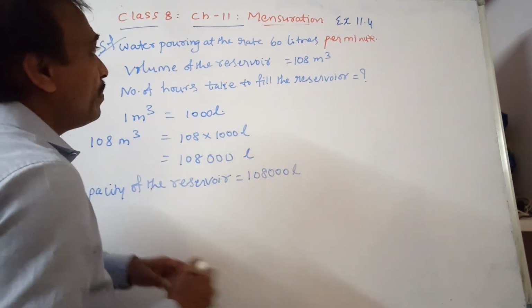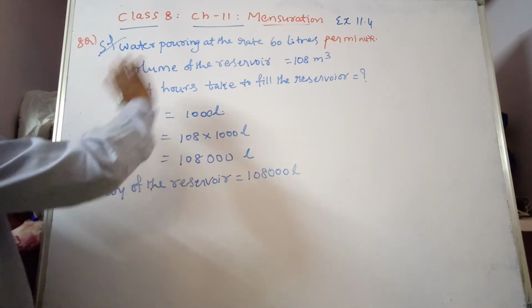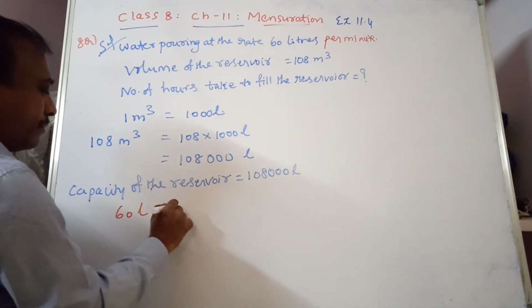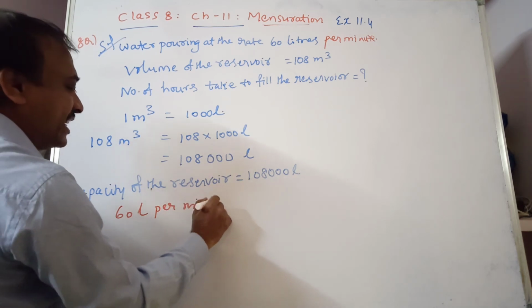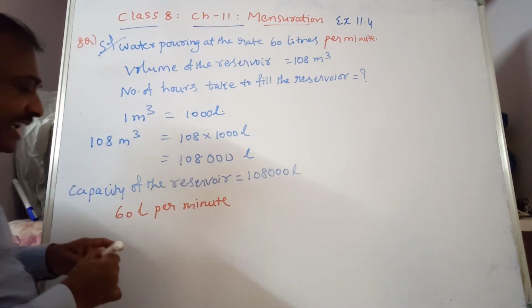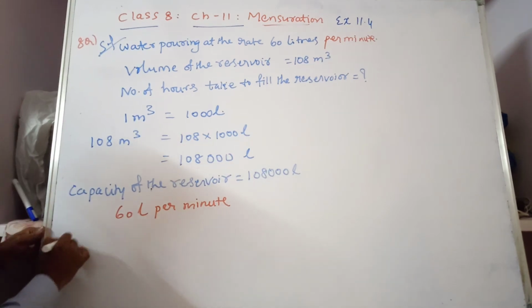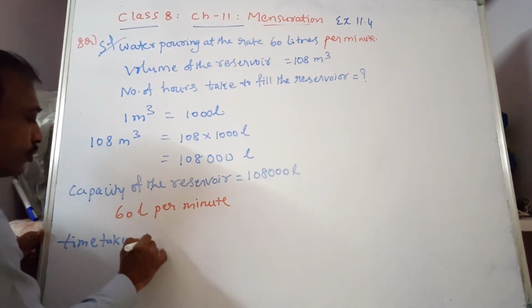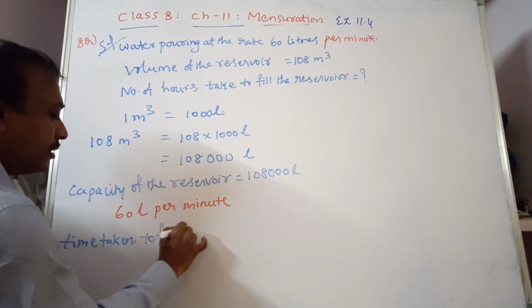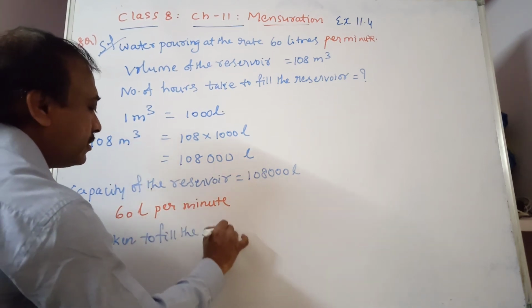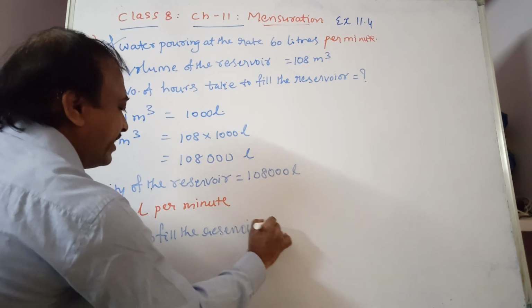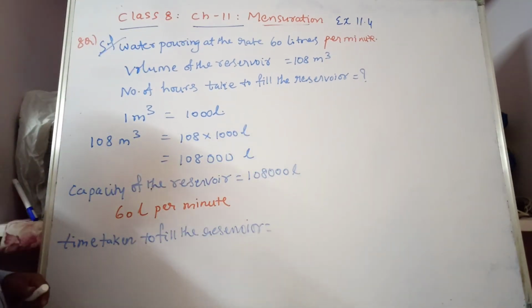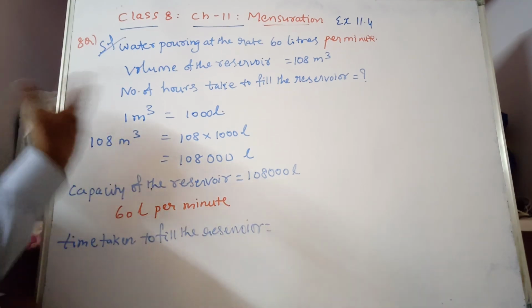Now it is filling at the rate of 60 liters per minute. Time taken to fill the reservoir is capacity divided by how many liters it is pouring in a minute, 60 liters.